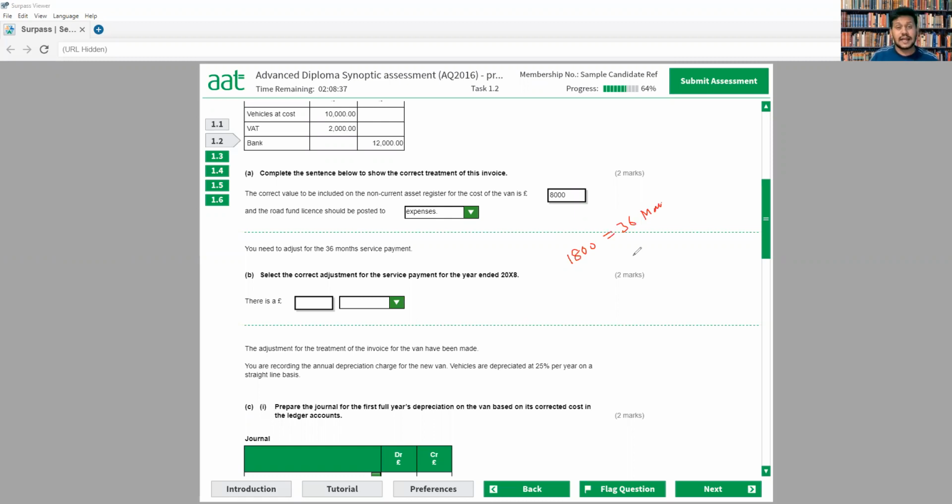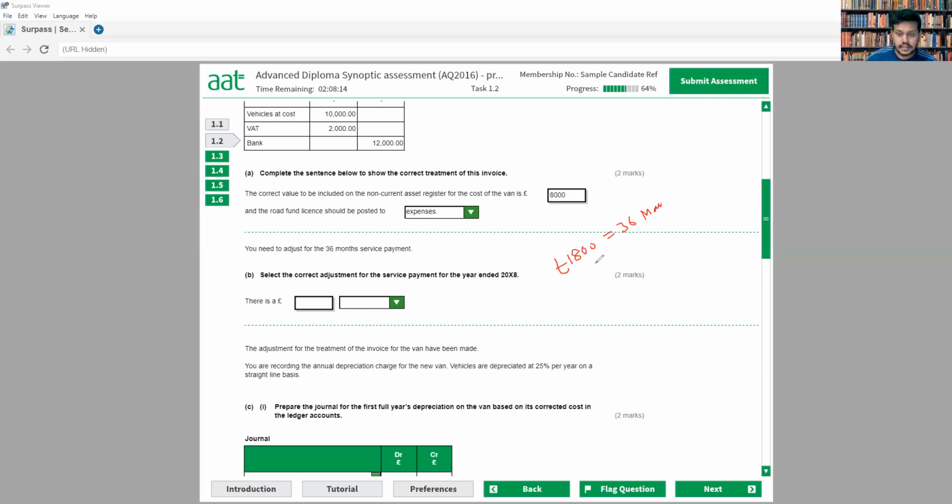And we are just calculating for this year. According to the matching concept, we have to match the transaction. So for this year, I can only take the expense relevant to 12 months, not the 36 months. So £1,800 is not for 1 year, it is for 3 years. So 2 years I paid in advance. If I paid in advance, we call it prepayment.